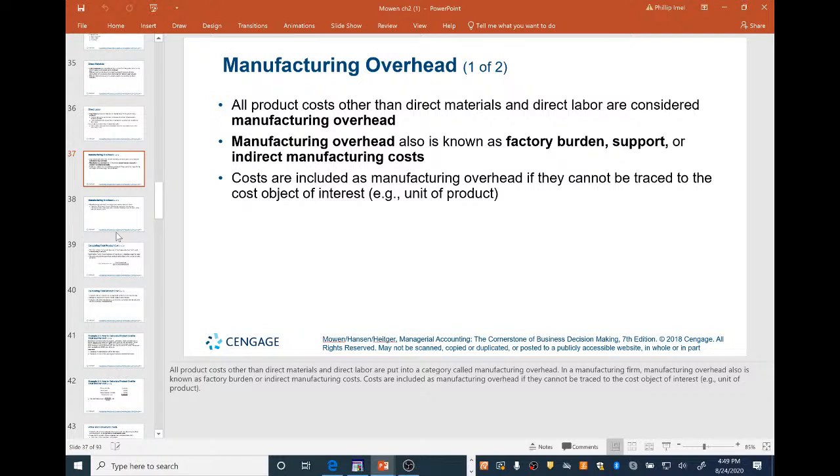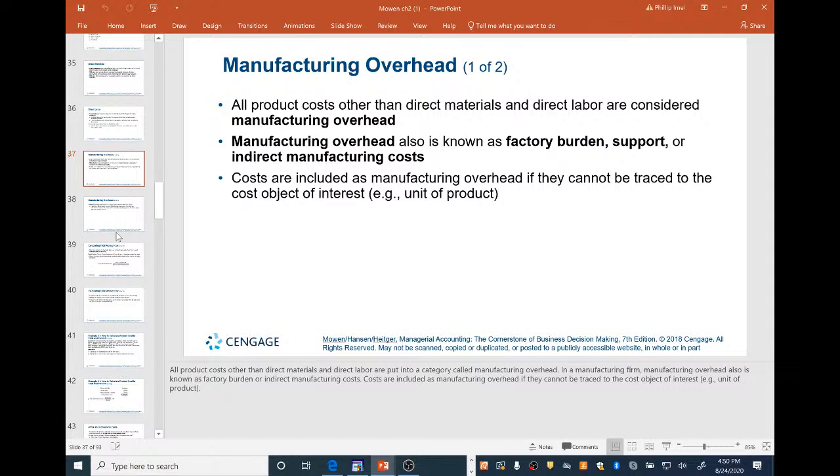So all product costs other than direct materials and direct labor are considered manufacturing overhead, also known as factory burden, support, or indirect manufacturing costs, right? So you could have your direct materials and direct labor really down, and then your overhead just be out of control, and it could completely ruin it. So manufacturing overhead's key as well, and it's hard to control because a lot of it's unknown.